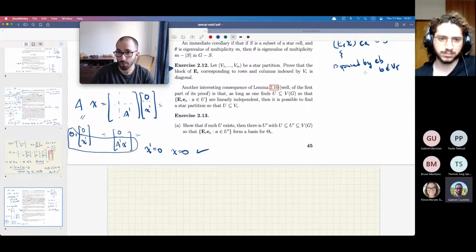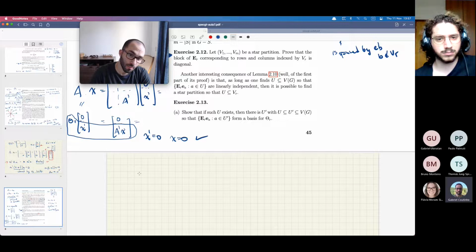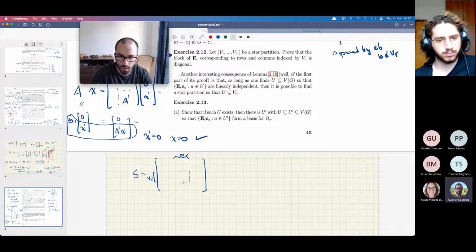So how would you prove such a thing? Well, imagine that you have a basis of eigenvectors for the space, okay? And look at the vectors corresponding to the theta r eigenspace, and then here you have the VR, right? So what we know is that this is a square matrix of non-zero determinant, right?